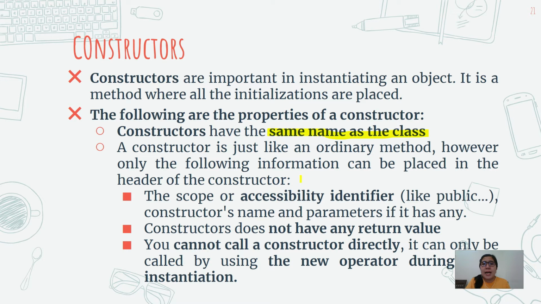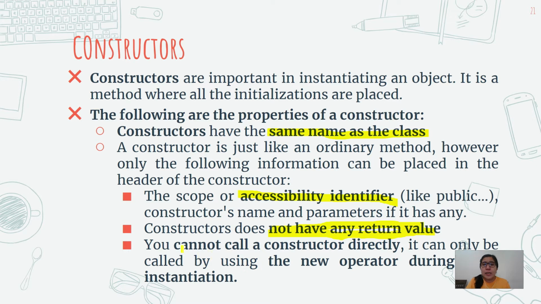However, it has the following information that can be placed in the header of the constructor. It has accessibility identifier like public, private, or protected. But in constructor, it does not have any return value. Meaning, wala tayong ilalagay na return type doon sa ating method definition.